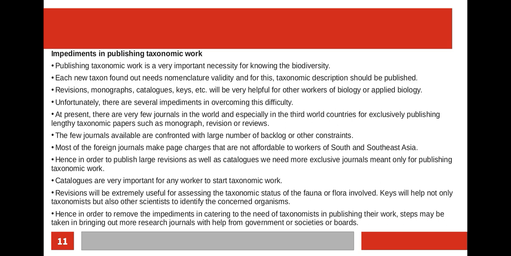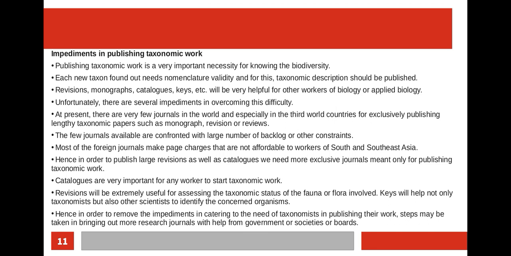Unfortunately, there are several impediments in overcoming this difficulty. At present, there are very few journals in the world, and especially in the third world countries, for exclusively publishing lengthy taxonomic papers such as monographs, revisions, or reviews. A few journals available are confronted with a large number of backlogs or other constraints. Most of the foreign journals make page charges that are not affordable to workers of South and Southeast Asia.